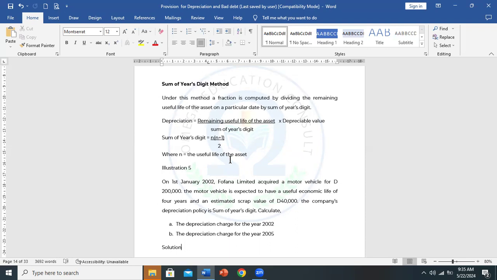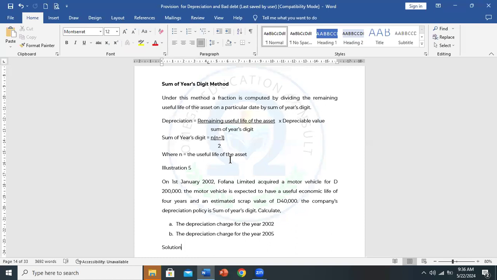So let's go through. Under this method, a fraction is computed by dividing the remaining useful life of the asset on a particular date by the sum of years digit. I don't want you to get confused. Let's go straight to how to calculate the depreciation.